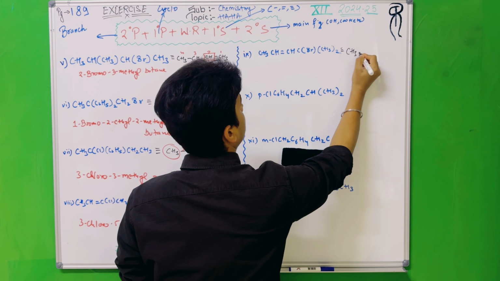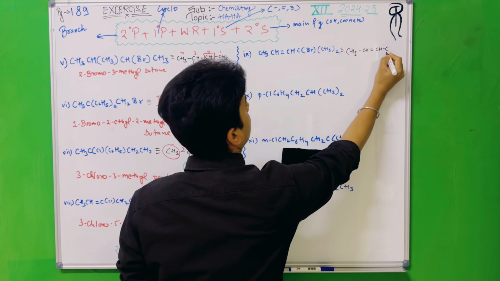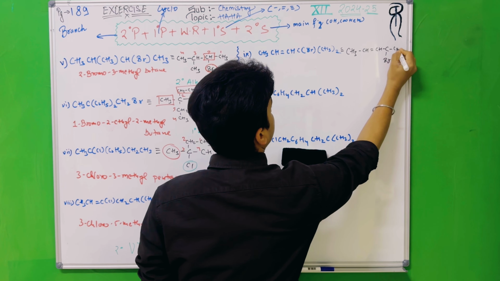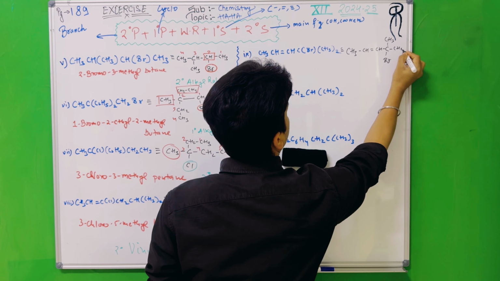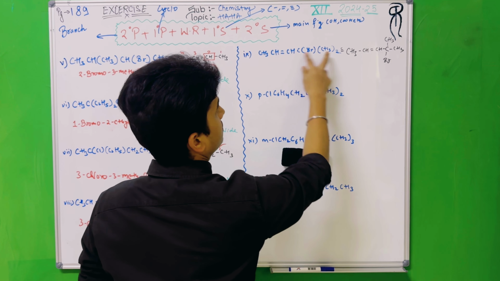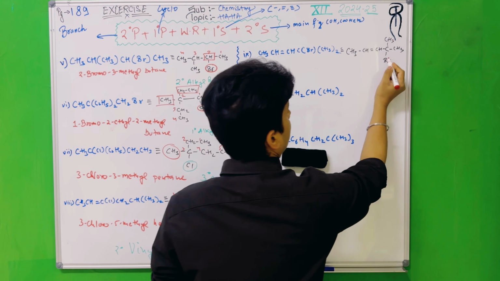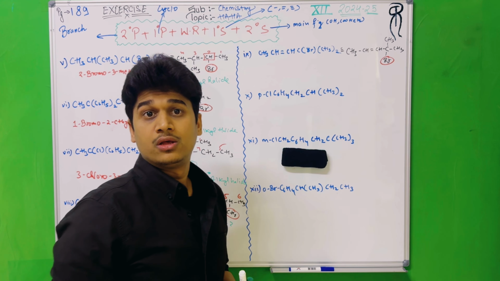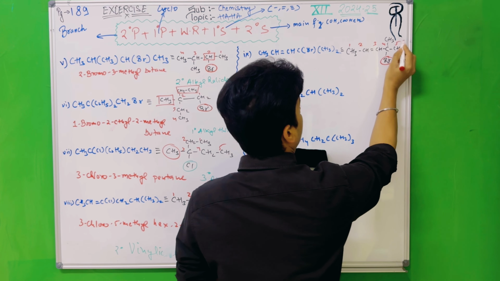CH3 CH double bond CH carbon, a bromine, CH3 branch on this carbon only, CH3 CH3. So how many carbons? 1, 2, 3, 4, 5, 6. Okay, now let's start numbering. Here bromine and double bond are there, so preference will be given to the double bond. 1, 2, 3, 4, 5.